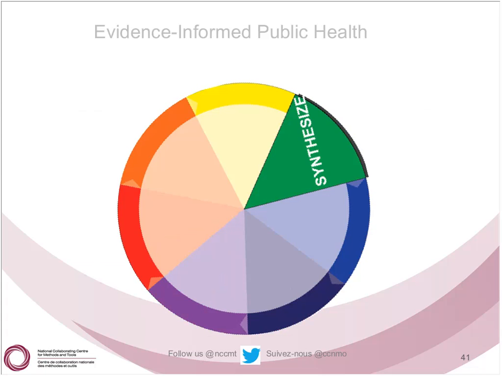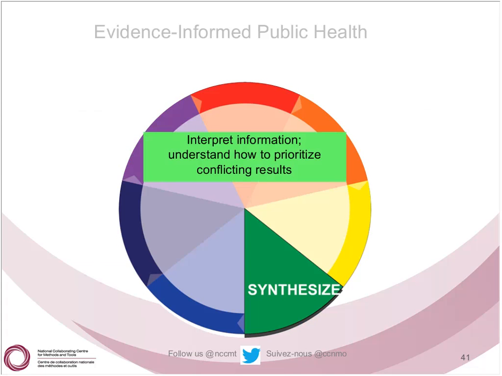Now, after that appraisal step, we get to the synthesize step. So we've done our search. We've found some evidence related to interventions that might improve the health of homeless populations who experience mental illness.